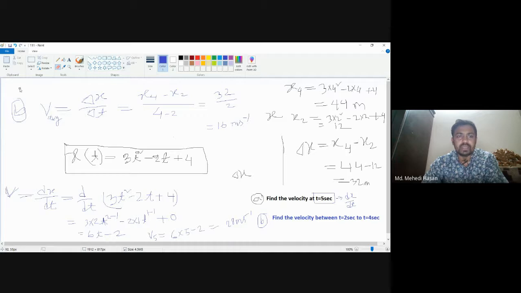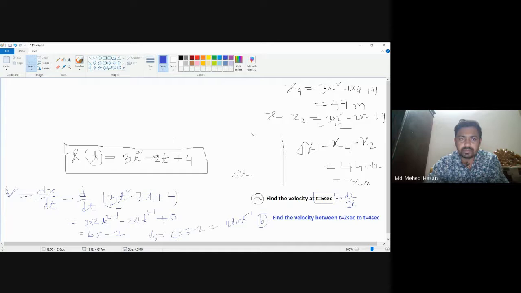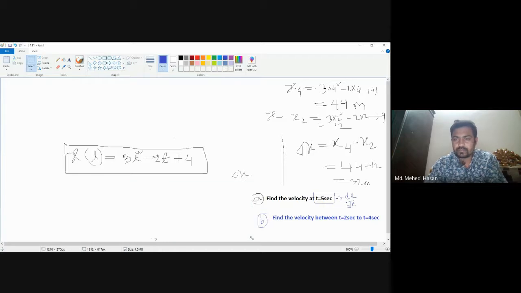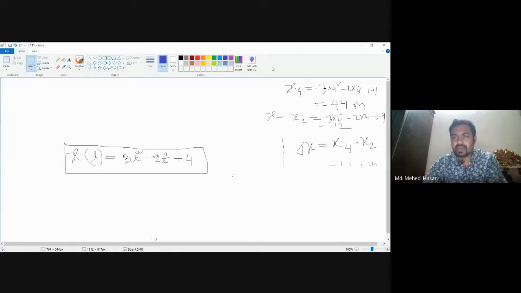Yes. Okay. So these are the average velocity and instantaneous velocity. And another thing is that if the question is given for acceleration, then velocity is related with the acceleration. Okay. So I will give you the acceleration only.